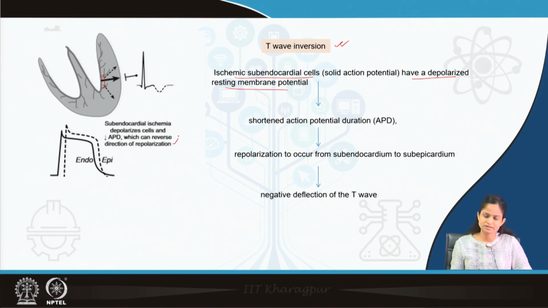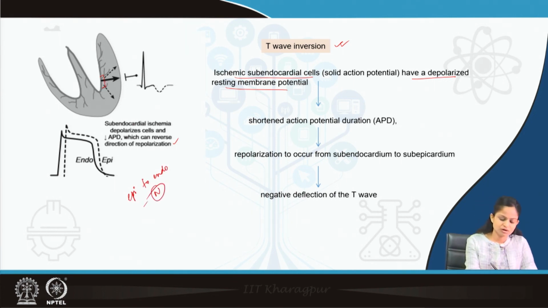In normal ventricular cells, repolarization starts from epicardium to endocardium, this is normal, but here the strong vector is directed from the subendocardial ischemic cells towards the exploring electrode, and this vector is the repolarization vector.